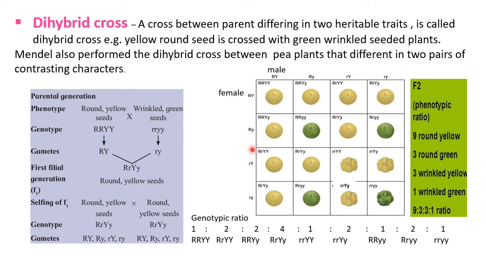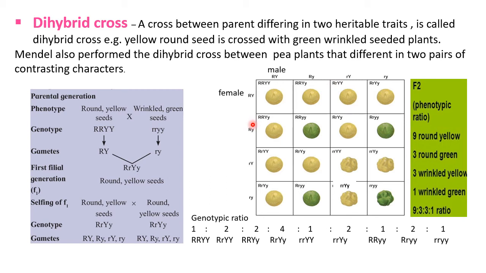These male gametes unite with female gametes to produce different combinations. A total of 16 different combinations are produced in this checkerboard by the union of male gamete with female gamete. So this generation is called the F2 generation.